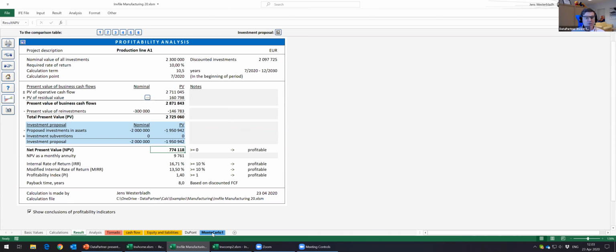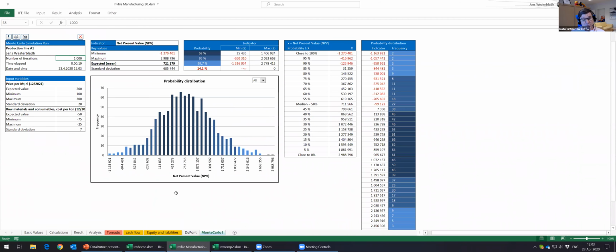We have a probability distribution of different possible net present values. The expected mean is 721,000, the median 711,000. The probability of negative net present value is 14.1%. This is valuable information for me. So this is the risk of making a loss in this project, 14.1%.